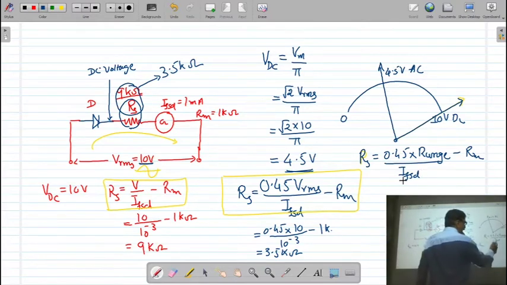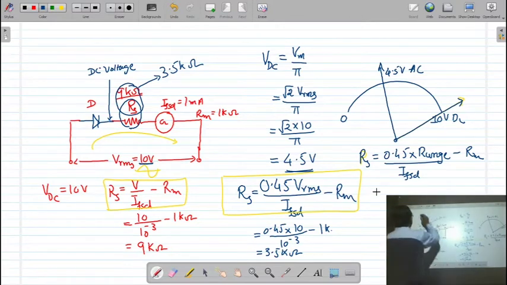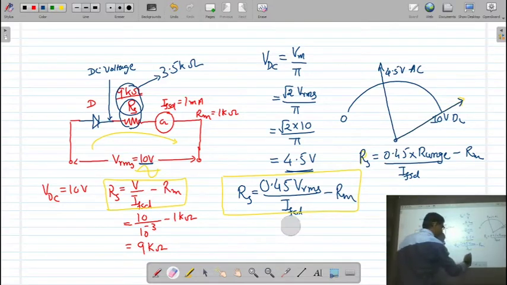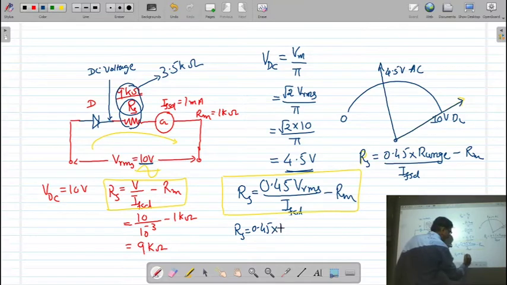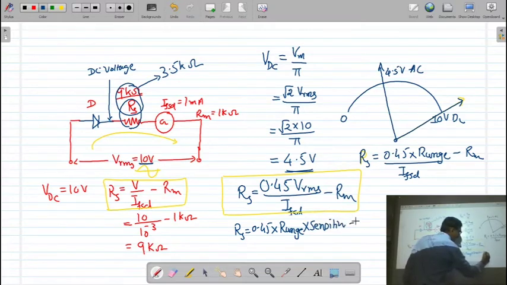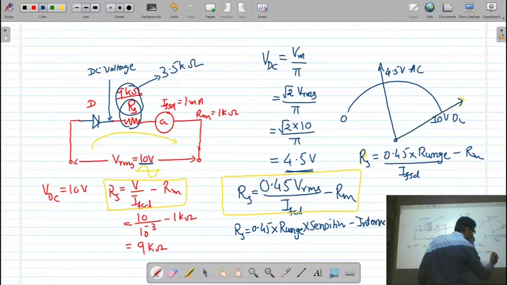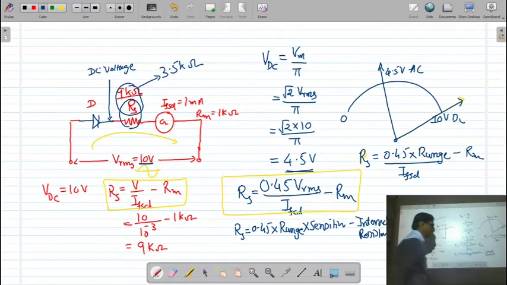So here you can also write the same formula as RS equal to 0.45 into the range into the sensitivity minus internal resistance of the meter.